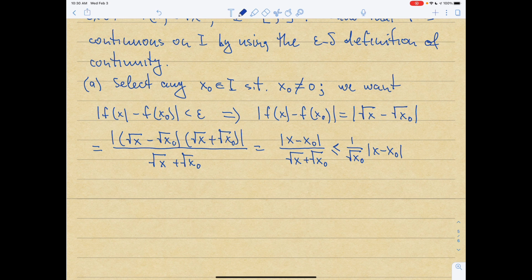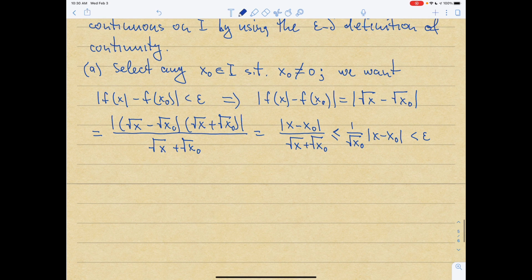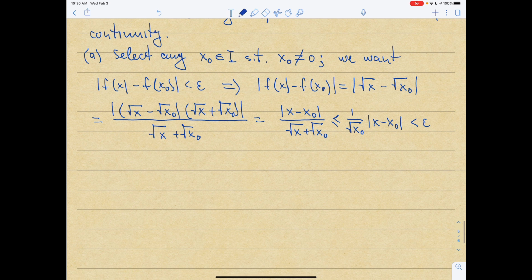And now I can request that this should be less than epsilon, right? Square root of x0 is a fixed number. And so this would be equivalent to asking x minus x0 to be less than epsilon times radical of x0.